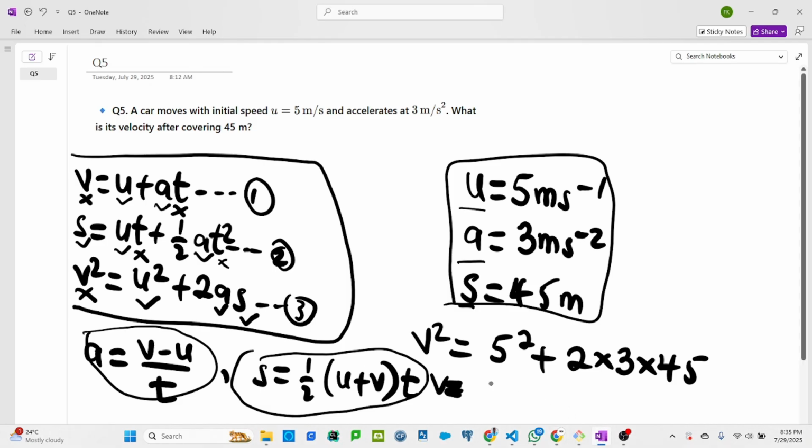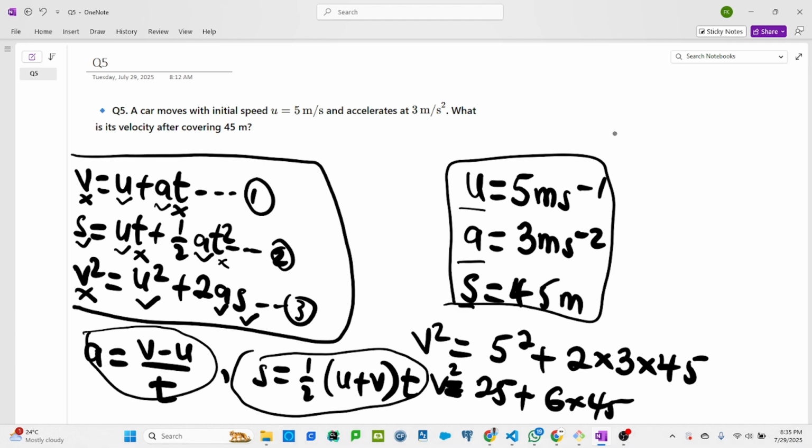Is anyone having the answer? Or it's very difficult? So this will be 25 plus 6 times 45. You should have the calculator, so that will be v squared, right? Yes.